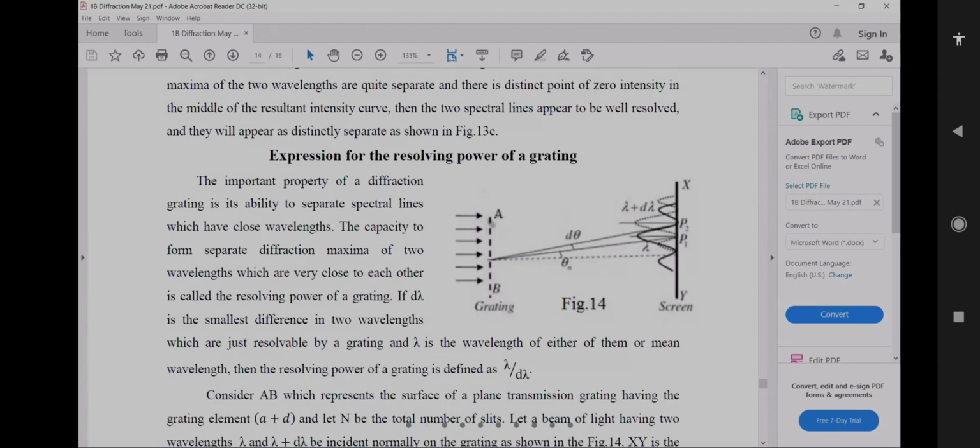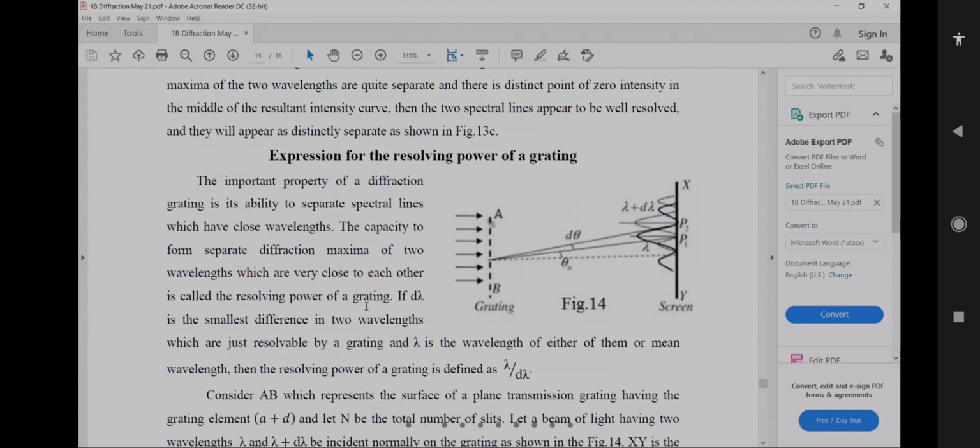The important property of a diffraction grating is its ability to separate spectral lines which have close wavelengths. The capacity to form separate diffraction maxima of two wavelengths which are very close to each other is called the resolving power of a grating. Let us see the figure here. This is the grating, and XY represents the screen.